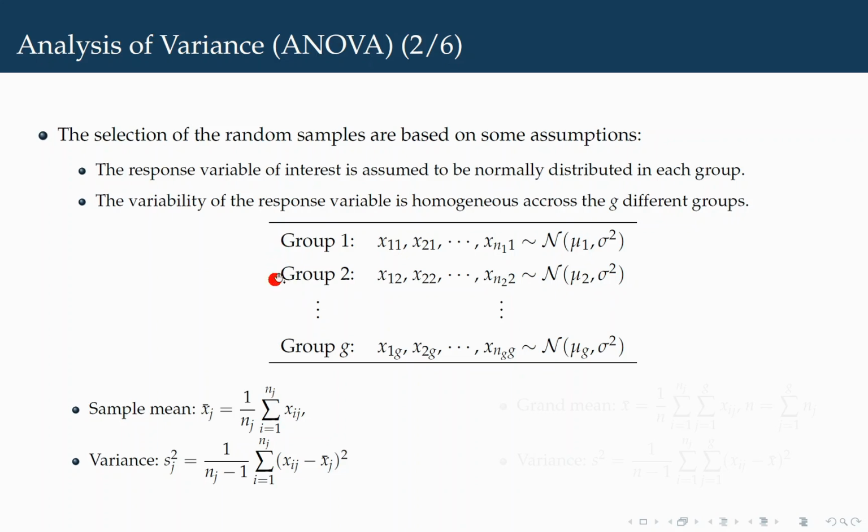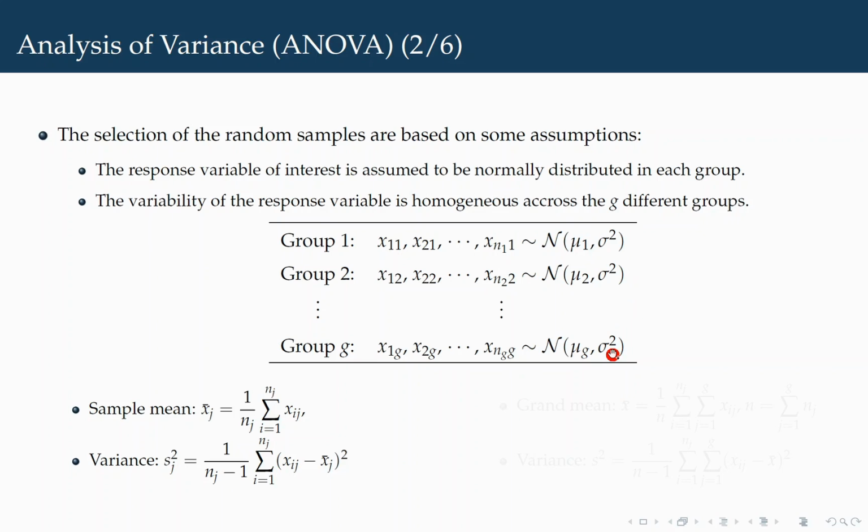So group 1 and group 2 have the same variance. Similarly, for group G, the distribution is normal with mean mu G and variance sigma square. Again, sigma square is the variance of group G. Therefore, here the variances across the G different groups are the same, or they are homogeneous.